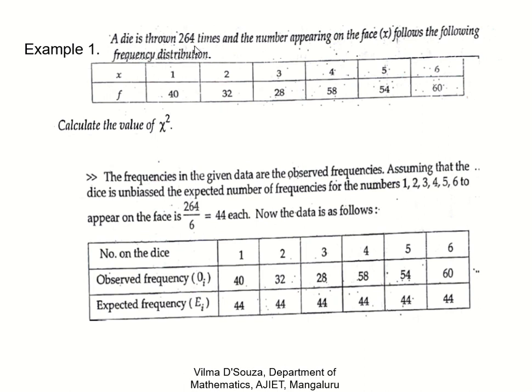When you throw a die, the number appearing on the face is 1 or 2 or 3 or 4 or 5 or 6. This table gives the number appearing on the face with the frequency of appearance. So 1 appears 40 times, 2 appears 32 times and so on. You are required to calculate the value of chi-square.